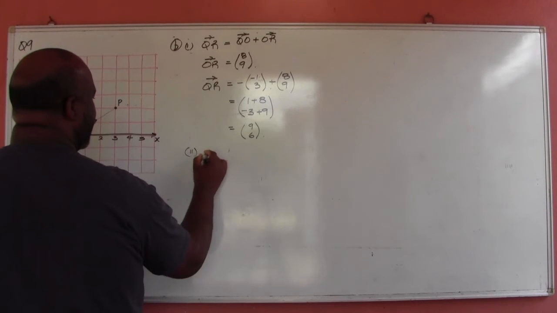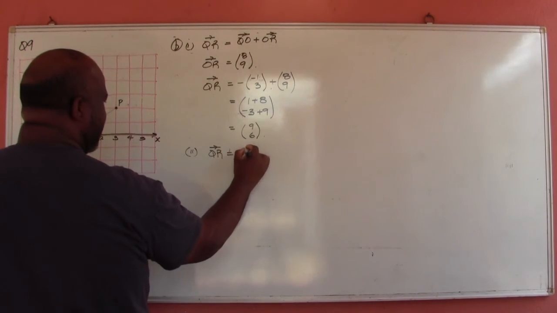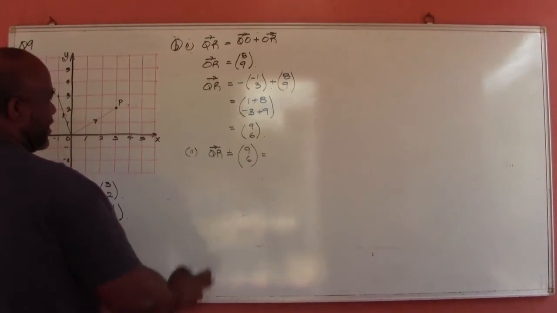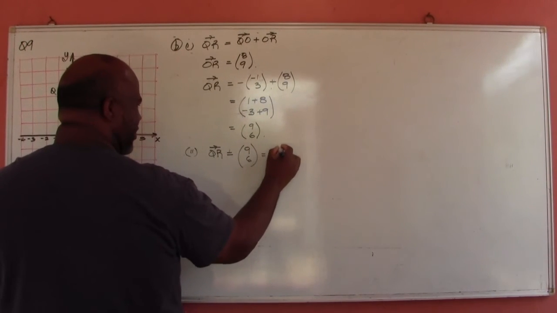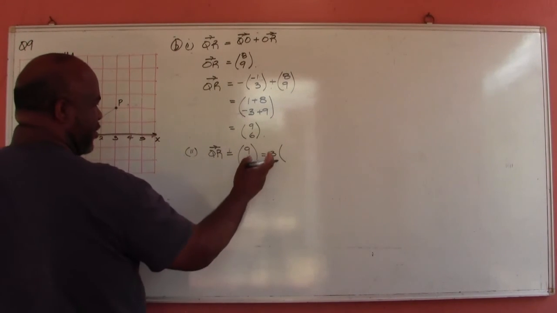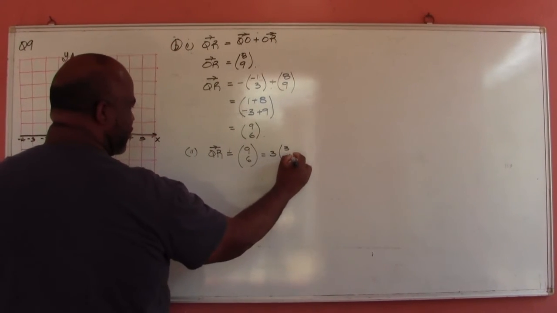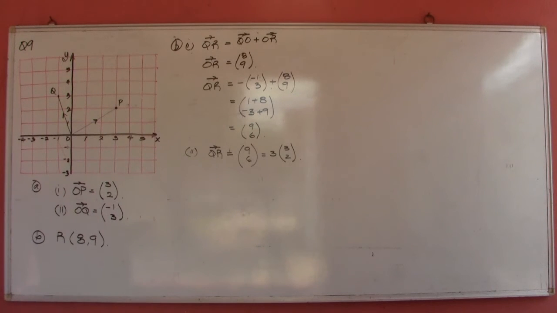So QR is (9, 6). It's easy to see that 3 is a common factor, so I'm going to put 3 outside and divide everything inside by 3. 3 into 9 is 3. 3 into 6 is 2. So QR is 3 times the vector (3, 2).